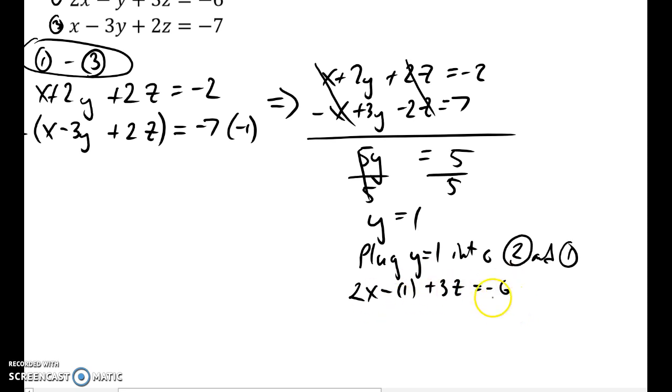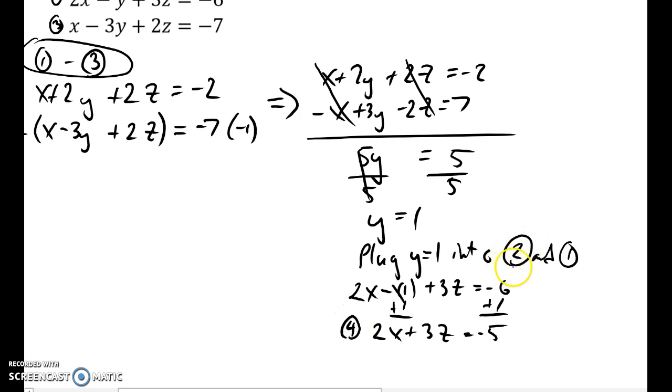I'm going to add 1 to both sides so I can get that over here. So now I have 2x plus 3z equals negative 5. That's pretty nice, and maybe I'll call this equation 4, just so I can keep track of things.